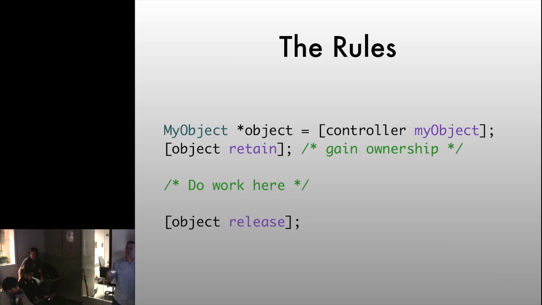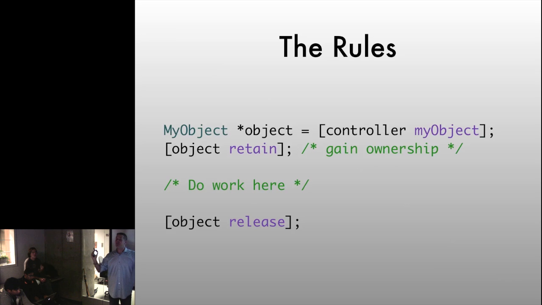So it doesn't matter what the controller's done with this object that it's returned, what its retain count is, doesn't matter to you. Could be 0, could be 1,000, doesn't matter. We want to be sure that the object sticks around, so we call retain on it. When you do that, it increments it by 1.